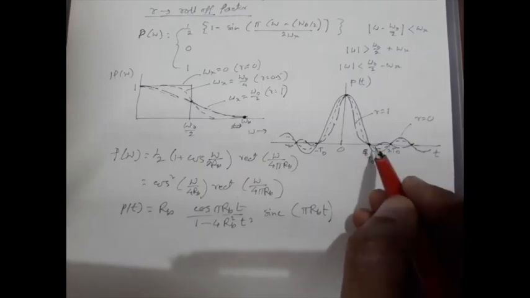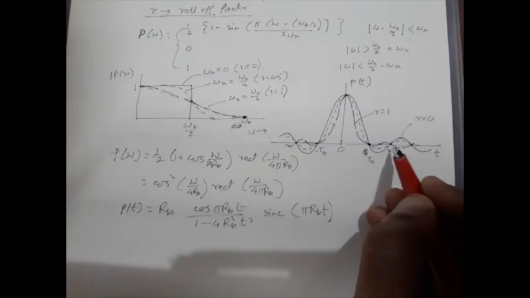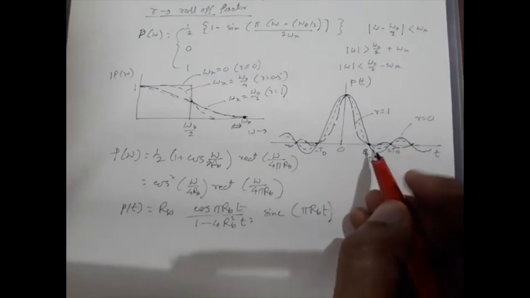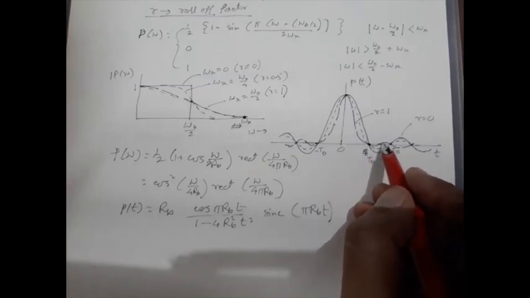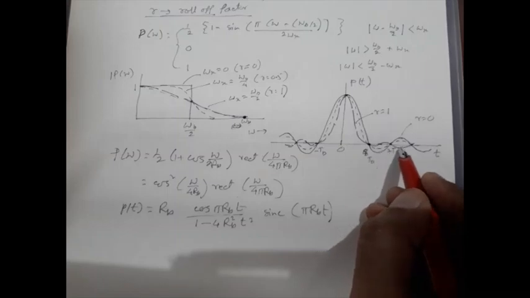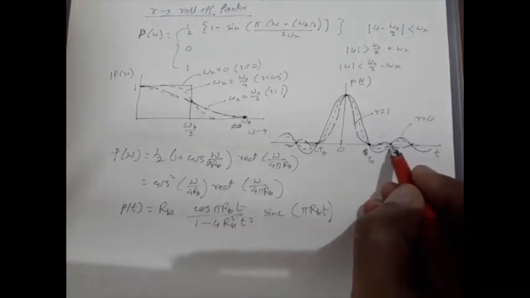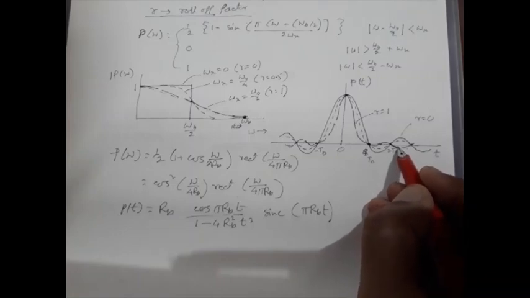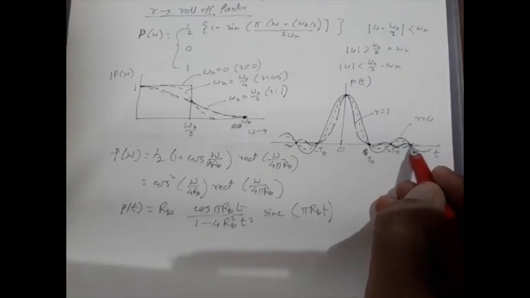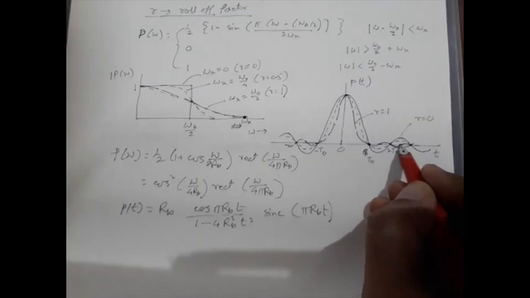That means it is satisfying Nyquist's first criterion. Not only that, the amplitude of these ripples is comparatively smaller. Sorry, I have made a mistake here. It will be like this.